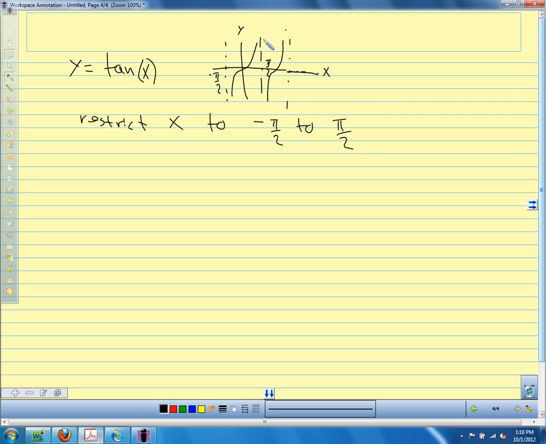The tangent takes on all of its values between negative pi over 2 and pi over 2, and it passes the horizontal line test, and we can write y equals the inverse tangent of x, or y equals the arctangent of x.